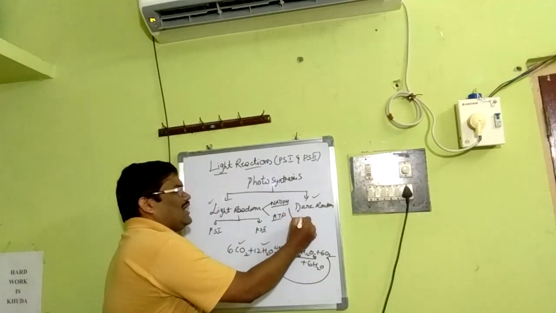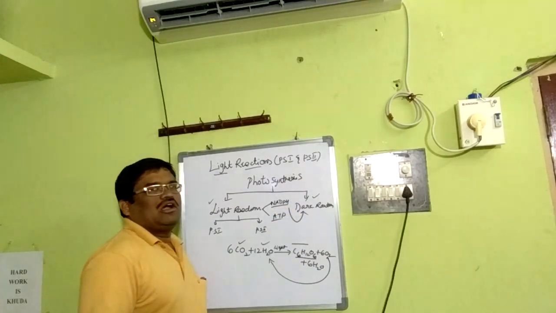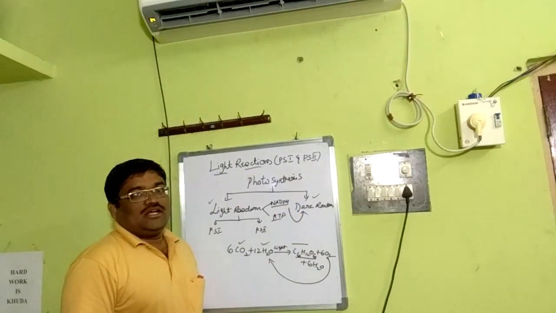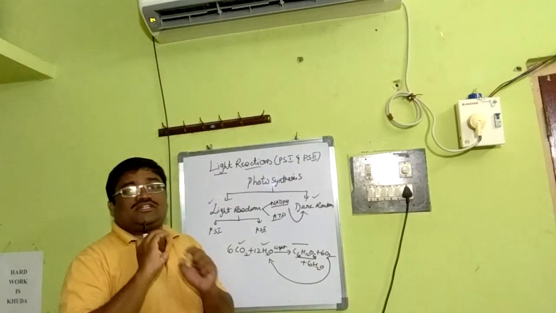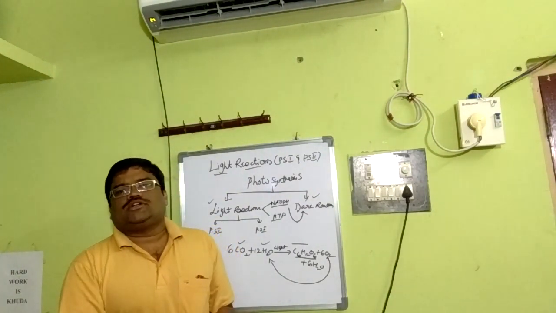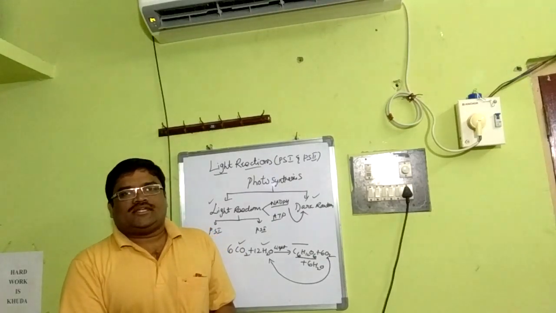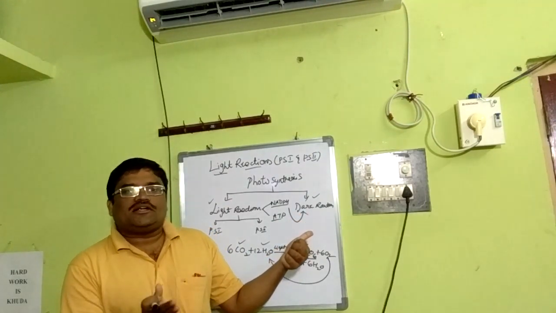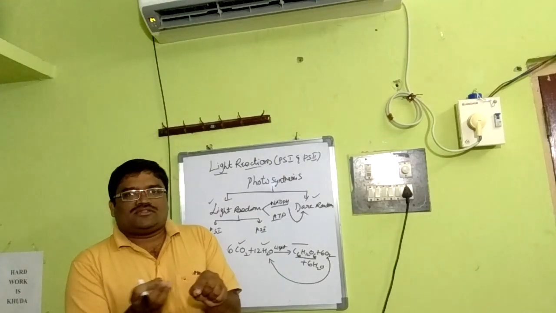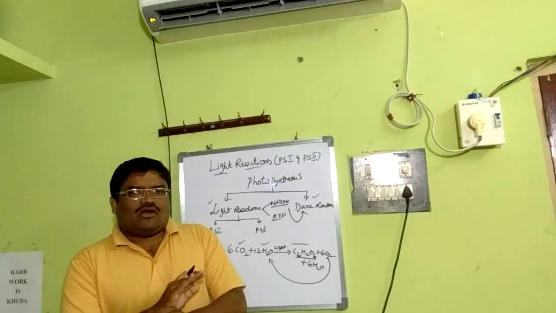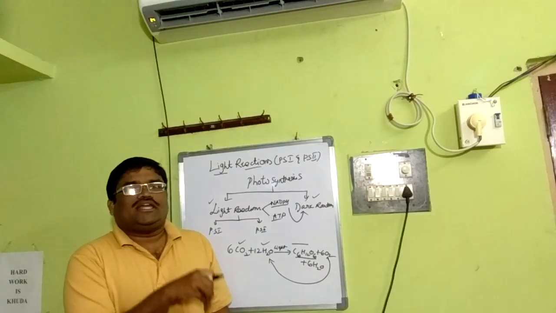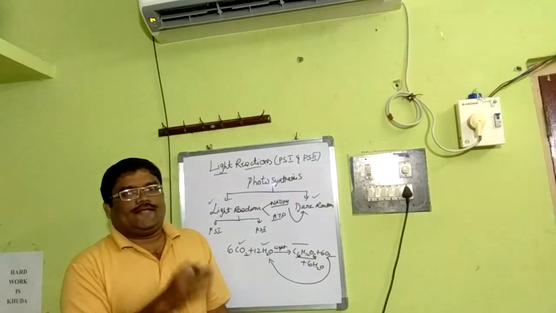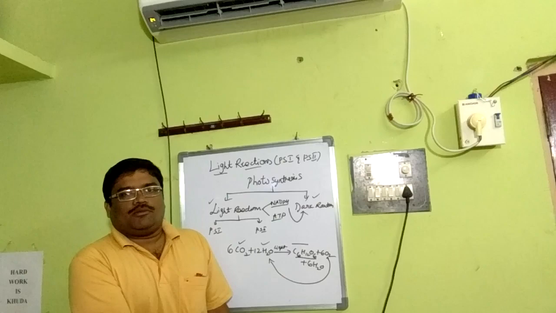These two are utilized in the dark reaction, what we call the carbon fixation reaction, to synthesize glucose, the carbohydrates. So dark reaction does not mean it takes place in the absence of light, but it may not directly depend on light, but depends on the products of light reaction, the NADPH and the ATP, to prepare the carbohydrates.